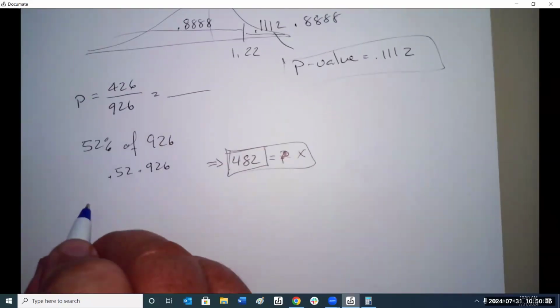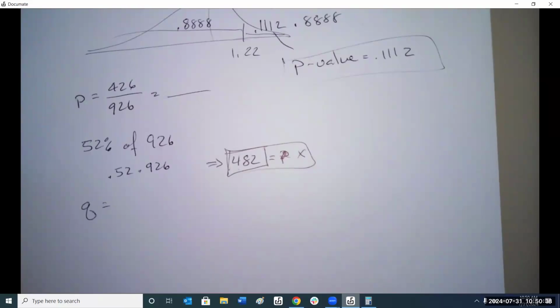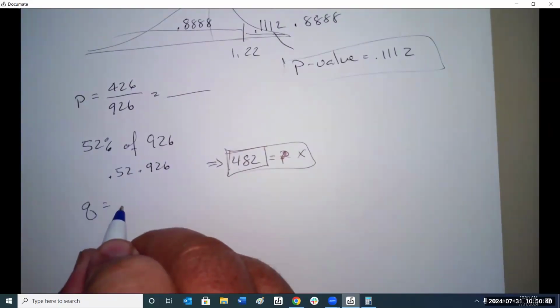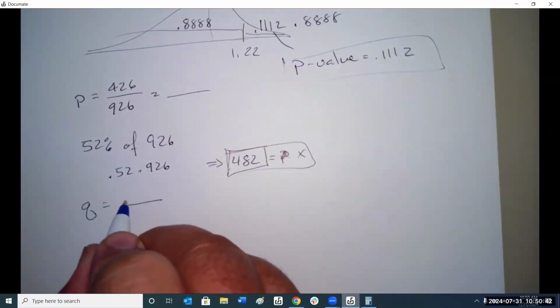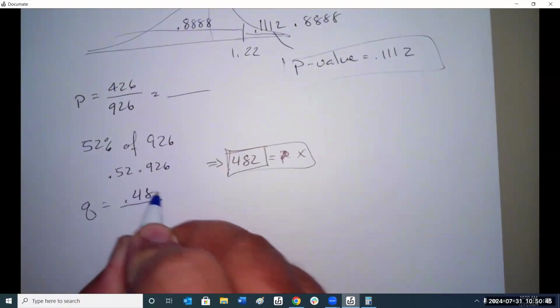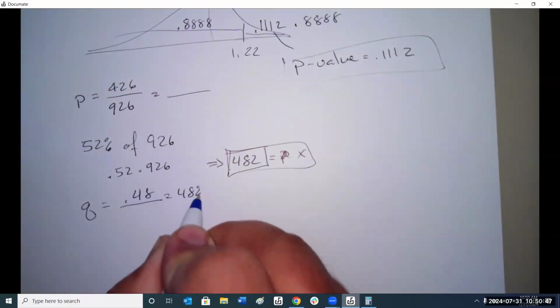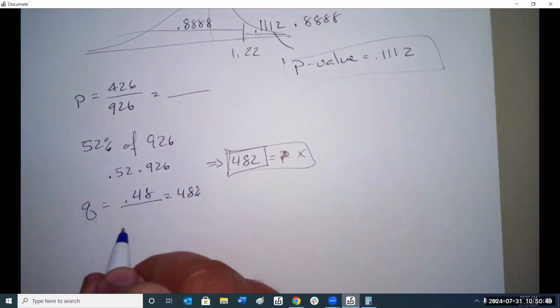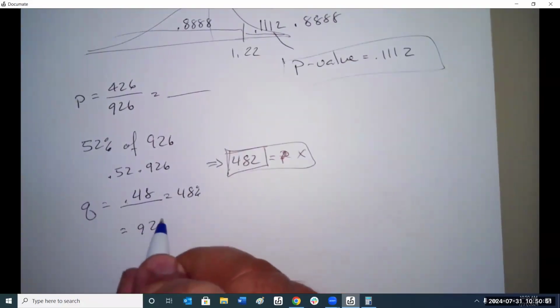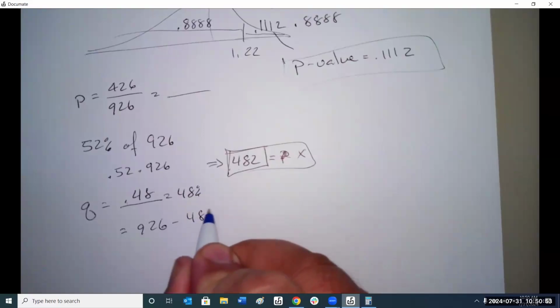That means the people who didn't want it constituted 0.48 or 48% of the people, which was 926 minus 482.